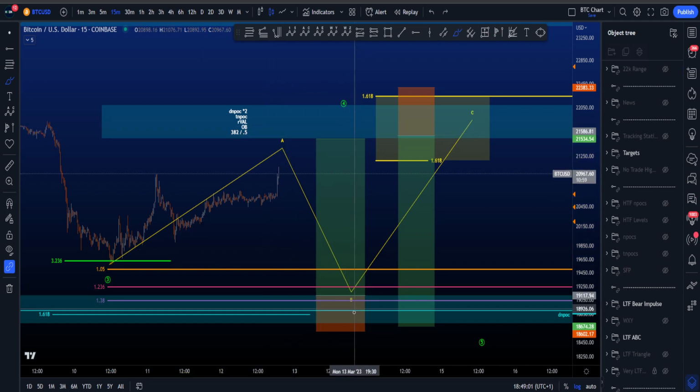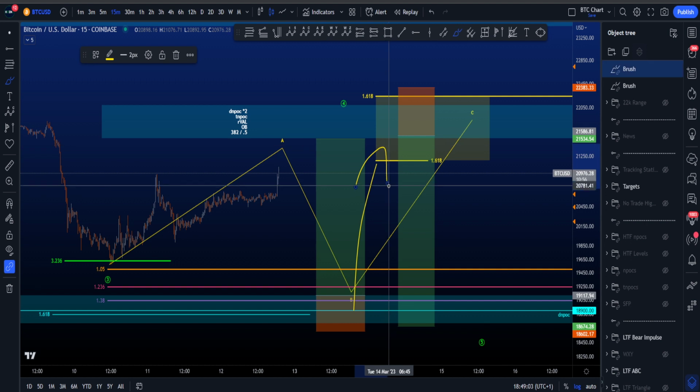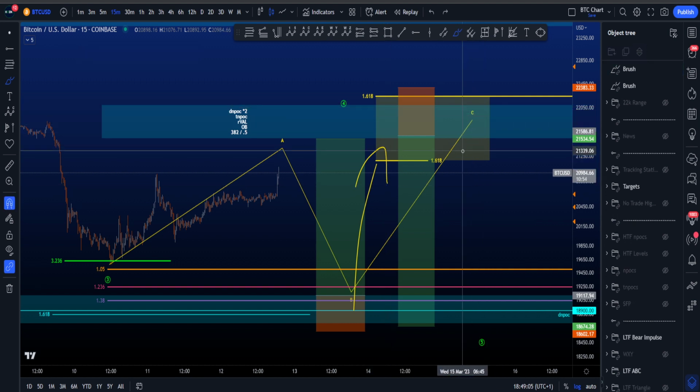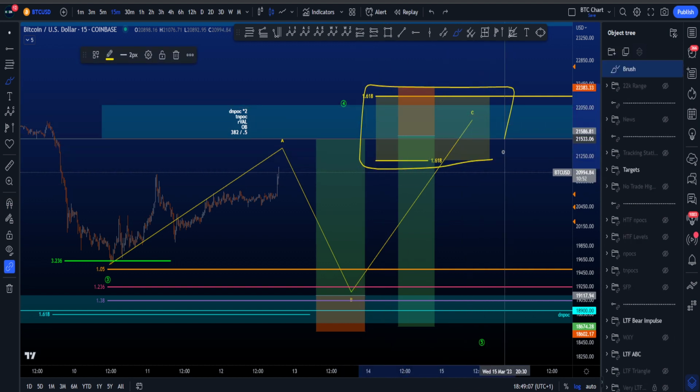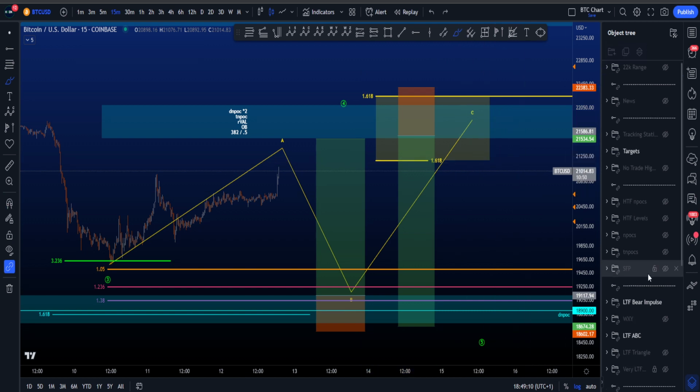And then we can trade it to the upside for the potential wave C over here, where the target box of wave C at the moment is resting around the blue target box as well.